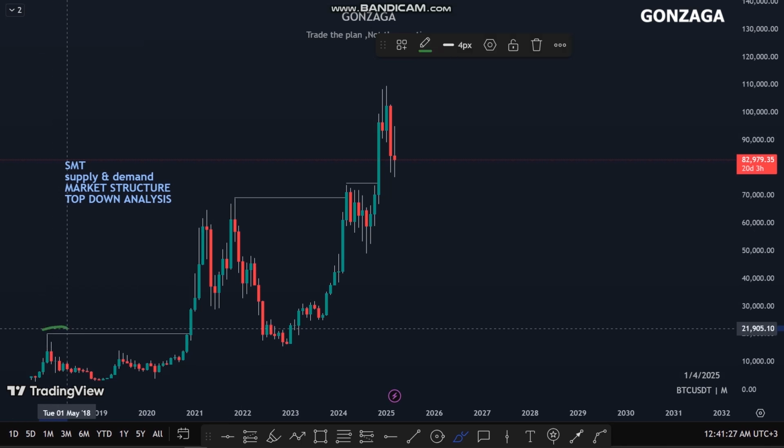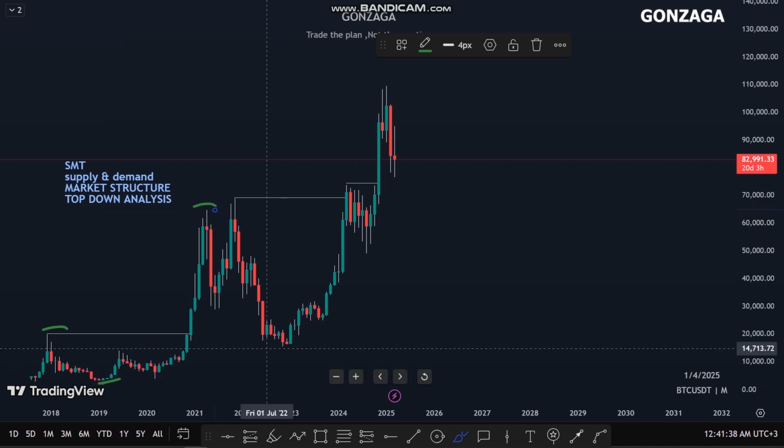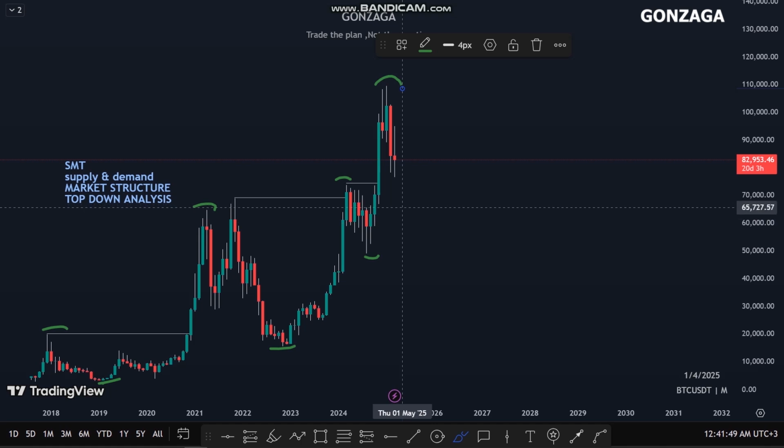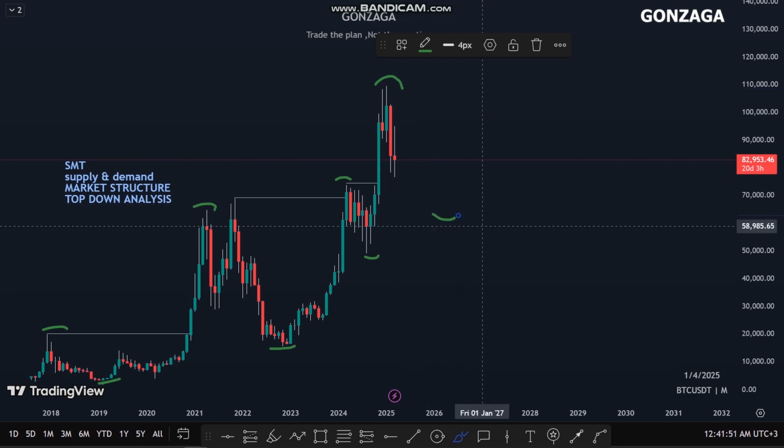It made a higher high, then a higher low, then a higher high, then a higher low, and another higher high, and then you expect it to make another higher low somewhere there. So where is it going to make the higher low? That's where we want to catch our move.